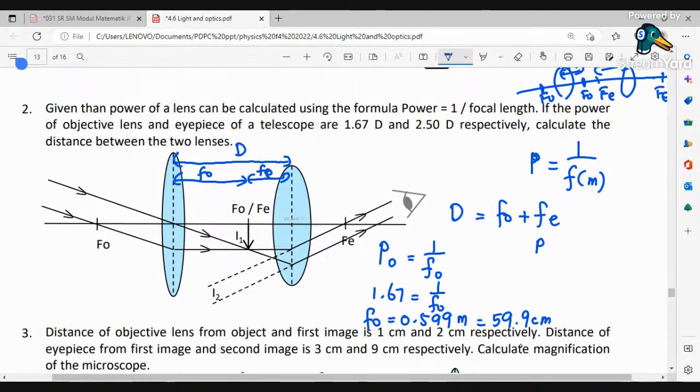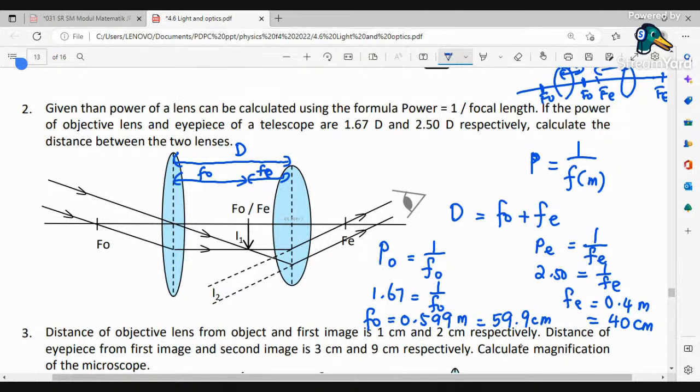Okay. If you calculate for PE, PE is 1 over FE, 2.5. So FE you will get 1 over 2.5. So you akan dapat 0.4 meter. 0.4 meter means 40 cm. Okay, so you get already FO and FE.